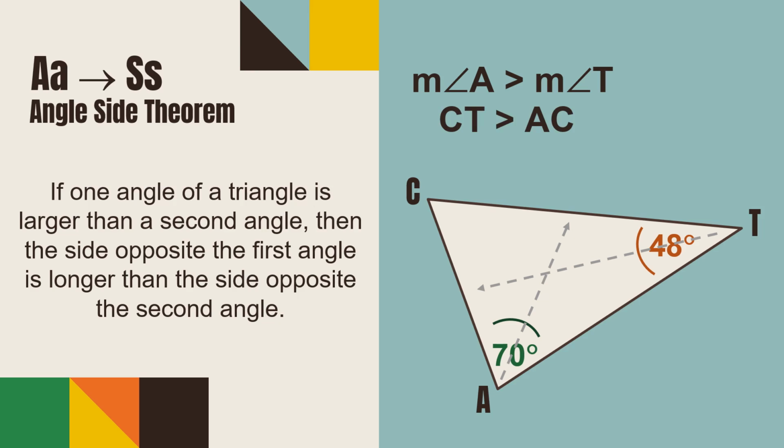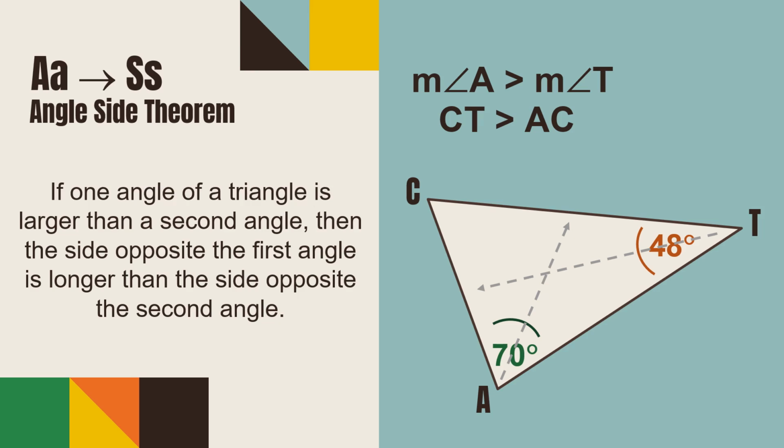It's easy, right? Now, the reverse: we could also say that the measure of angle T is less than the measure of angle A, and likewise for the opposite sides, line segment AC is less than line segment CT.